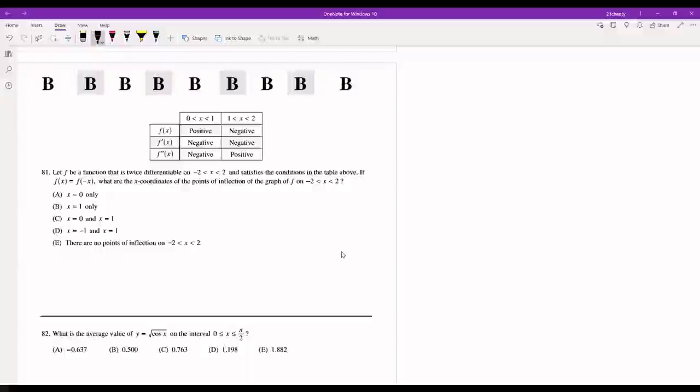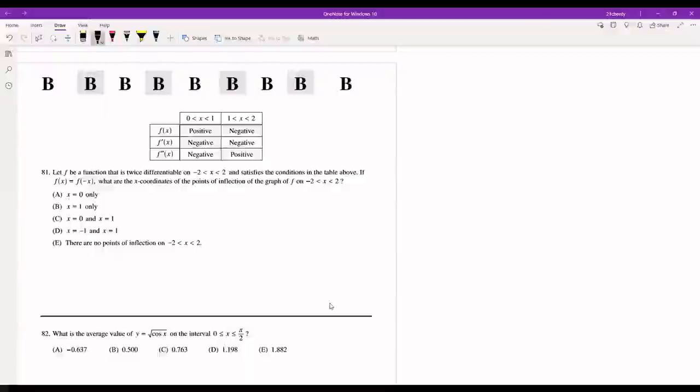81. So let f be a function twice differentiable on negative 2 to 2 and satisfies the conditions above. If f of x equals f of negative x, what are the x coordinates of the points of inflection of the graph on this interval?